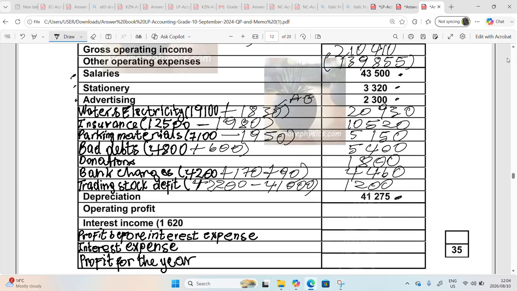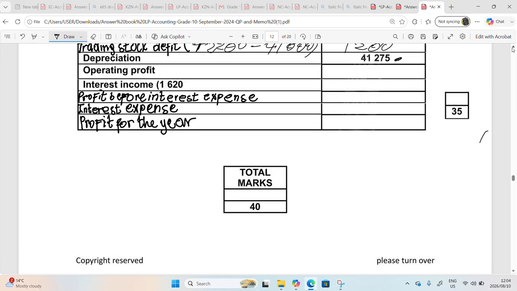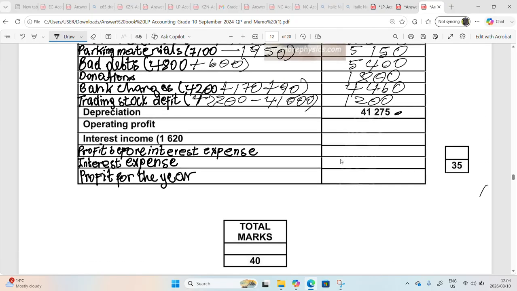So here's what you will do. You will take your gross operating income, 210,410, minus your other operating expenses, the total. And then, as you can see, we're almost done. So you should get an operating profit of 70,555.